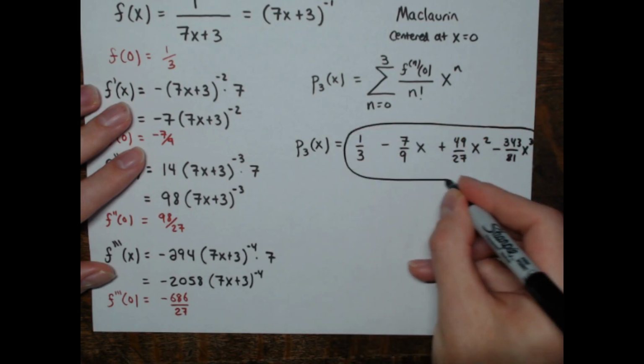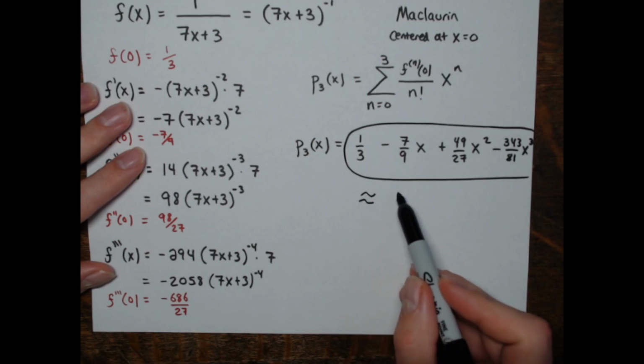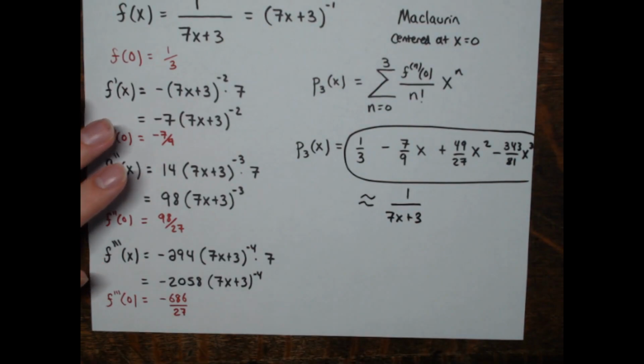Sorry about the clutter there, but that's the third degree polynomial that will approximate the value of 1 over 7x plus 3 when we're near x equals 0. And I'll type all that in.